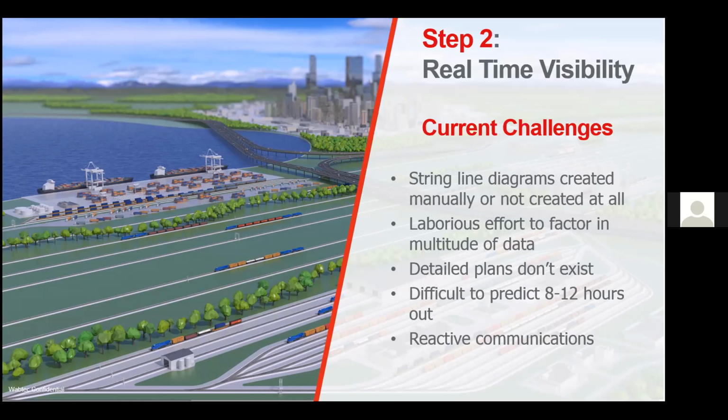So step 2 in that spectrum is real-time visibility. What does this mean? Right now, the challenge is that there's a lot of data being created, but it's not really being made consumable, both to all the humans who need it, and also to all the different systems that need it.